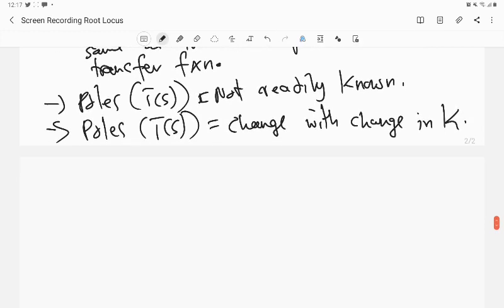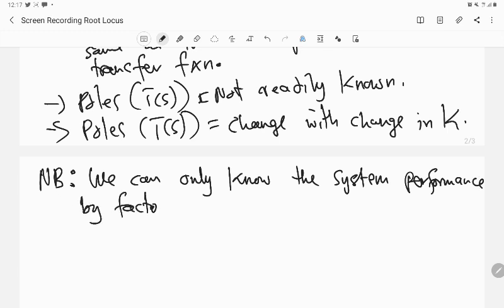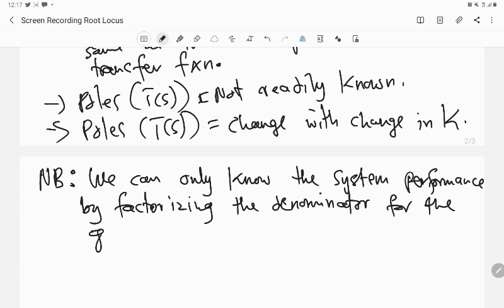So if we actually desire to know the behavior of the system, then we can only know the system performance by factorizing the denominator for the given value of k.